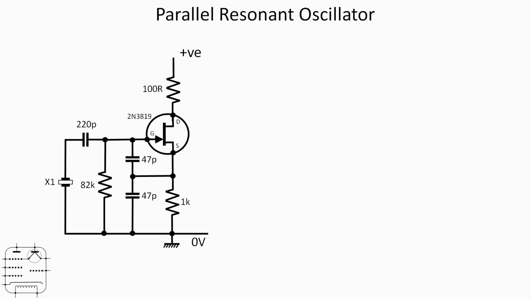So here we've still got the same 2N3819 JFET, and this time you can see the crystal is in parallel with those 47 picofarad capacitors, and if you paid attention to my previous oscillator video, you'll know this looks suspiciously like a Colpitts oscillator, which indeed it is.